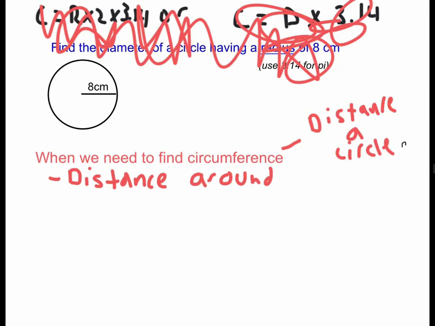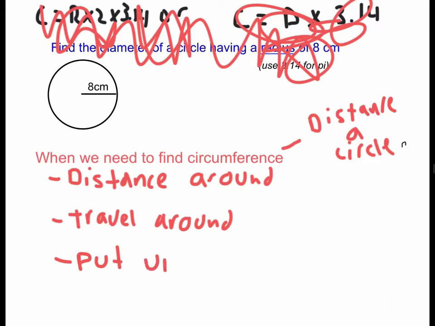Or if a word problem says travel around, that would be circumference. If it said something like you needed to put up a border around a circular object, that would be circumference because it's the distance around a circle. So I just want to do that to get you started, and then we'll dive into the formula on the next slide.